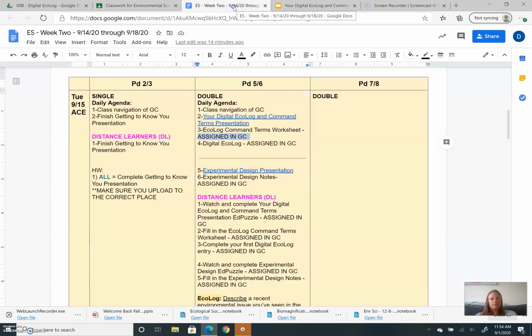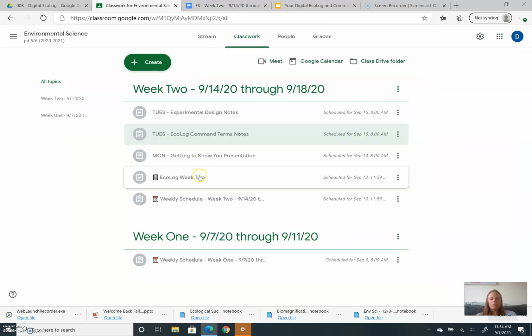Once again, let's look back and we'll notice that the digital EcoLog has also been assigned in Google Classroom. Now, since the digital EcoLog is something that is going to be assigned on a weekly basis, that will always appear right above the weekly schedule.